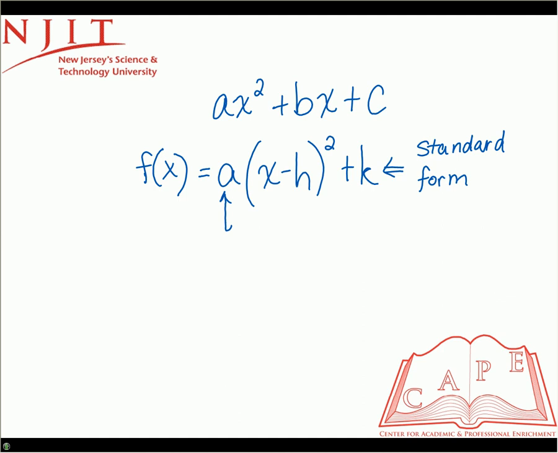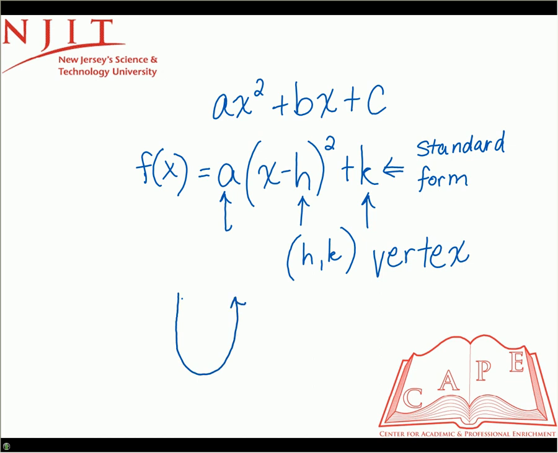The other two numbers that we need are the h and the k. The h and the k can be plucked out and written in this form, h comma k, because they represent the vertex of your parabola. Basically, your mid-center point. So if you draw it out real quick, if you have a parabola as such, your h, k is right here.